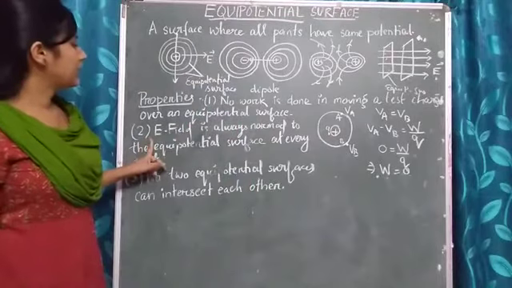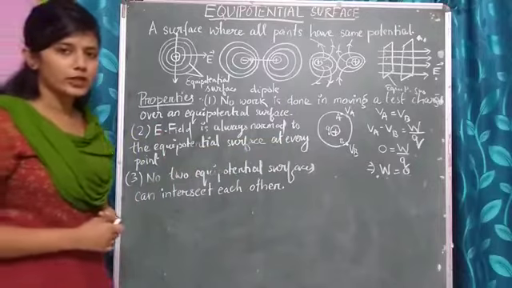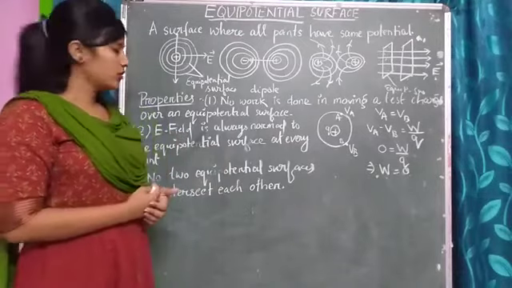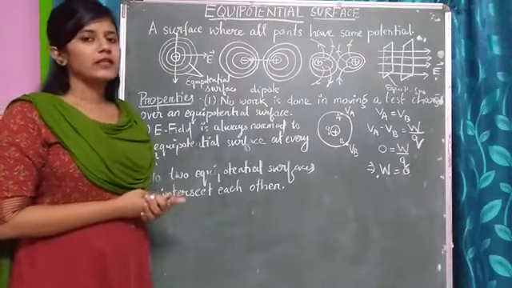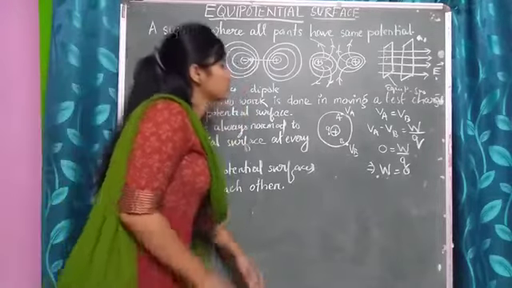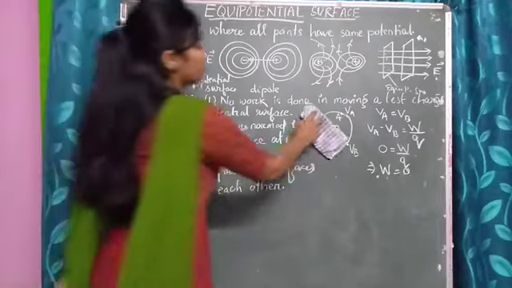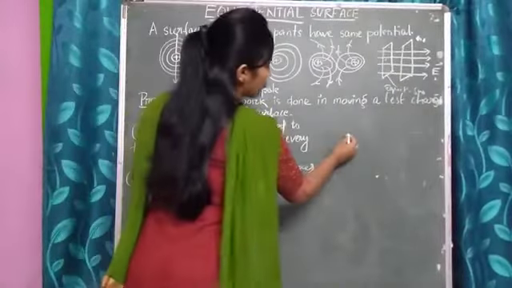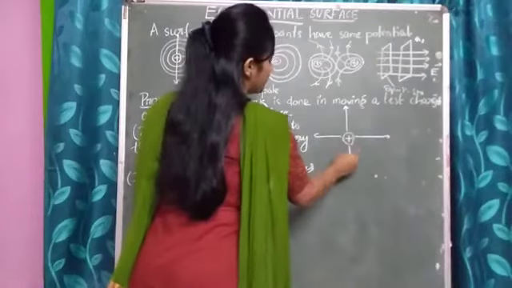The next one is that the electric field is always normal to the equipotential surface at every point. That means the electric field and the equipotential surface will always form an angle of 90 degrees. Let us prove the second property. Suppose this is a positive charge, the electric field direction will be like this.